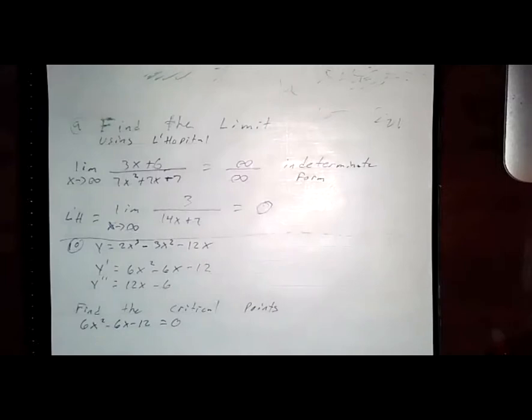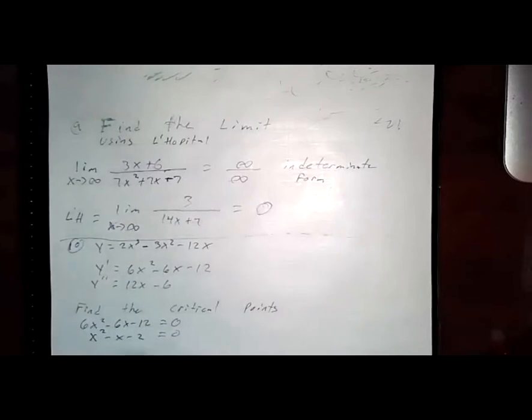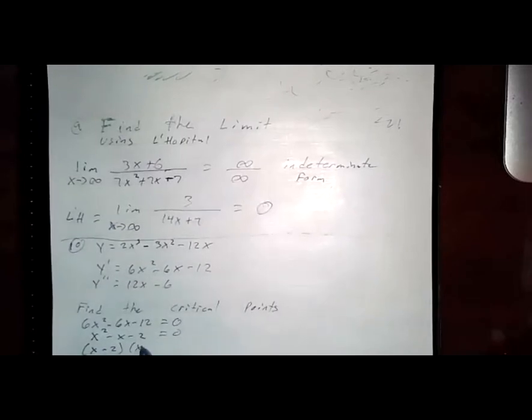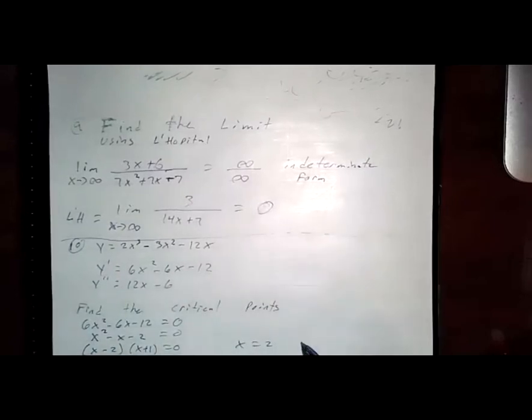This is all divisible by 6, so factor that out. Divide it all out, that will give us this guy here. That will factor into x minus 2, x plus 1. So x equals 2, x equals negative 1, right? Those are the critical numbers.